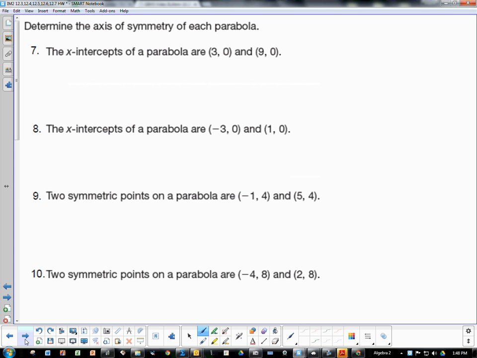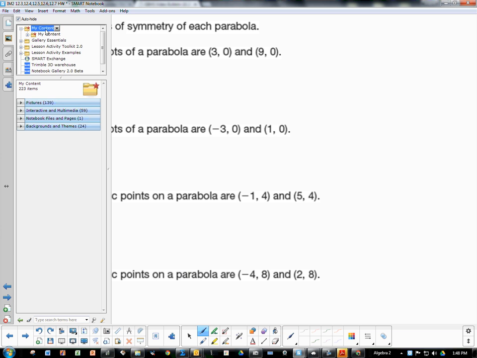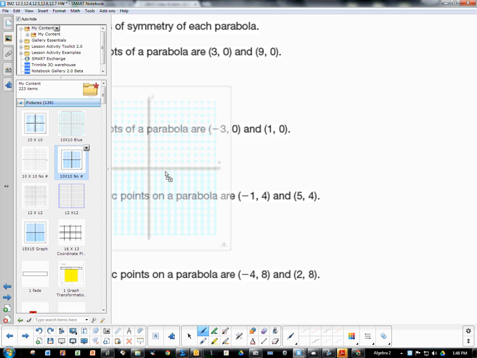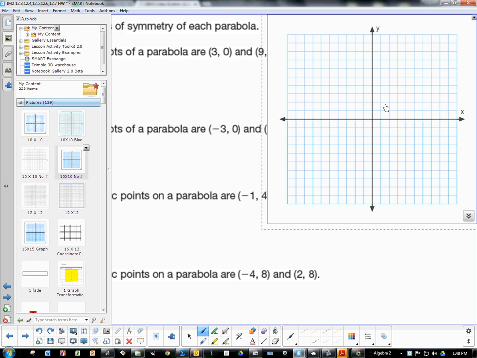Next page, number 7. It says determine the axis of symmetry of each parabola. All right, number 7. Let's get a graph going here.